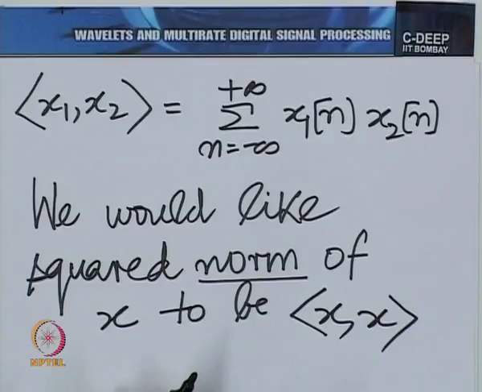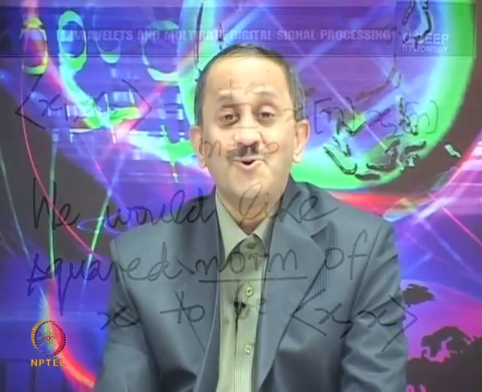So, if you recall, A dot A, where A is a vector in 2 or 3 dimensions for that matter, is the magnitude squared of A. The same should hold good here. When we take the dot product of a sequence with itself, it should give us the squared norm of that sequence, where norm is a more general word for the magnitude.